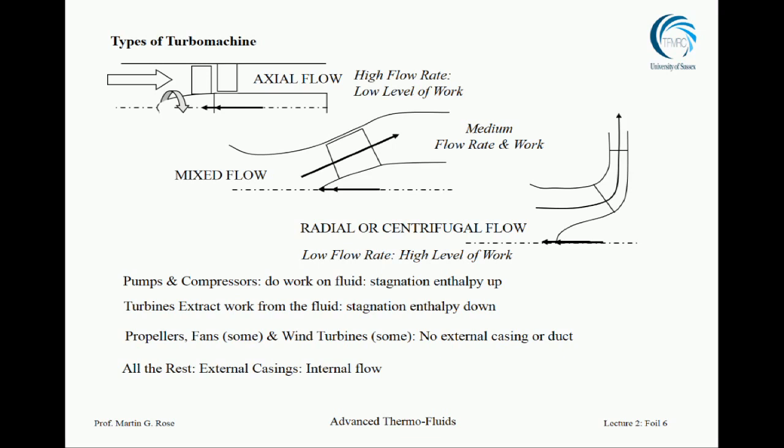They all don't have casings. They're still turbo machines, and the Euler work equation will still tell you how much work they are doing on the flow. All the rest indeed do have casings, so the rotating part is buried inside a stationary part. It's the norm in a turbo machine.